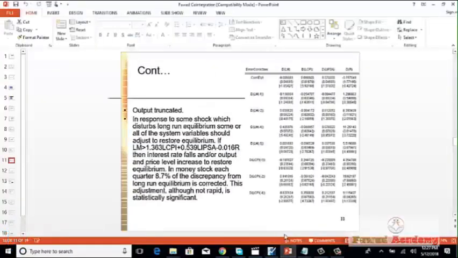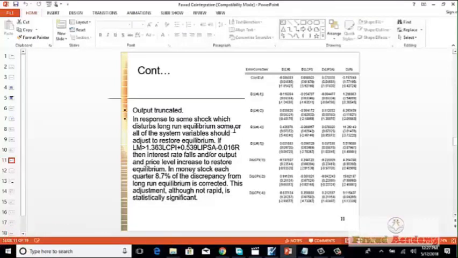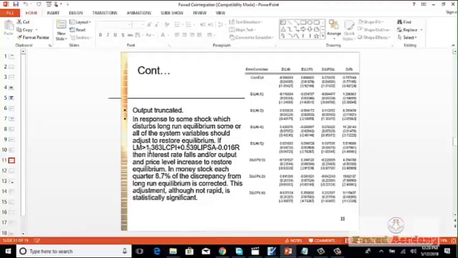Look at this PowerPoint file. In response to some shock which disturbs the long-run equilibrium, some or all of the system variables should adjust to restore equilibrium. If LM is greater than these values, which are the long-run equation, then the interest rate falls and output and inflation will increase to restore equilibrium.